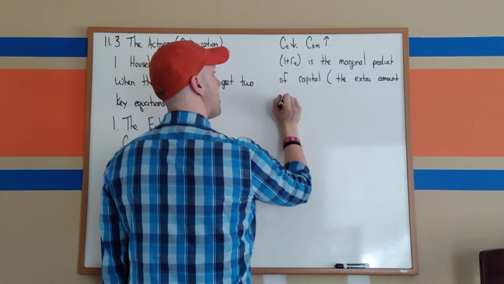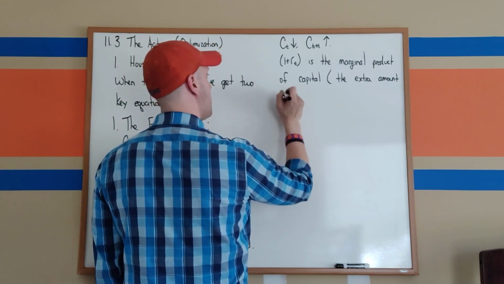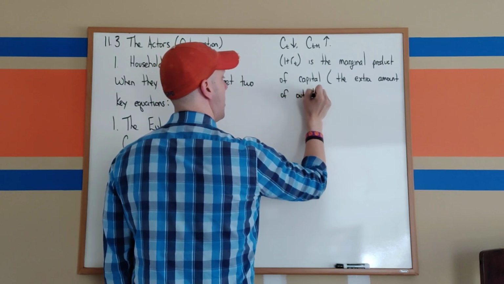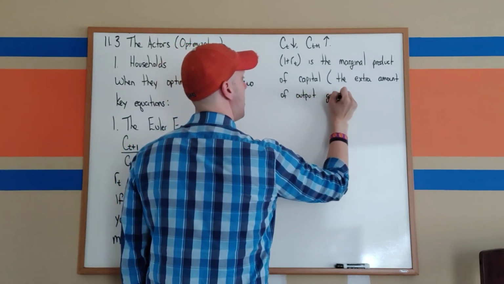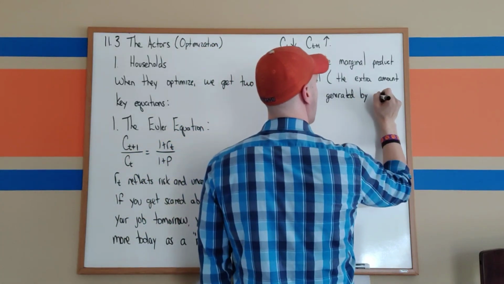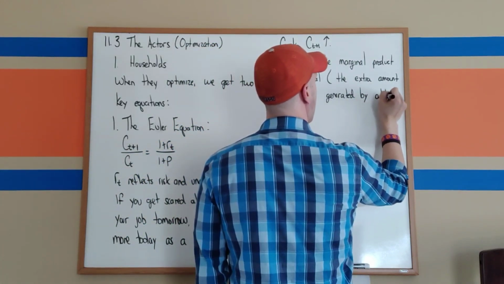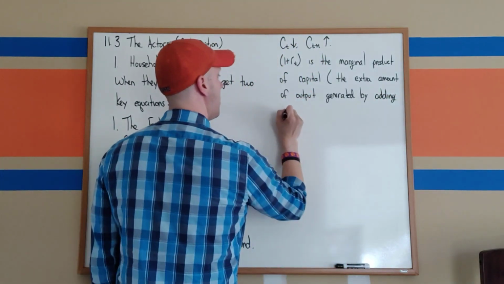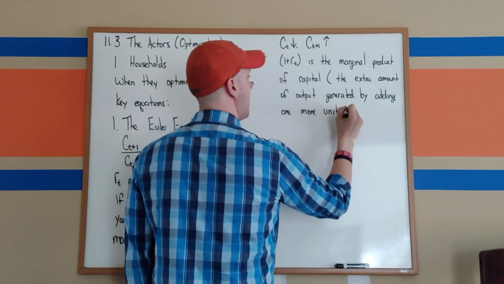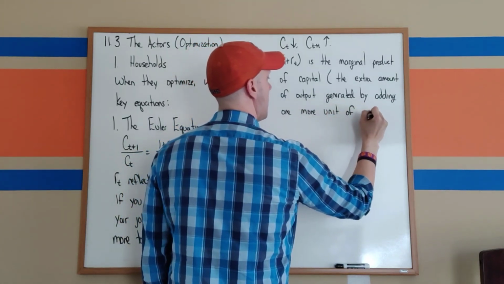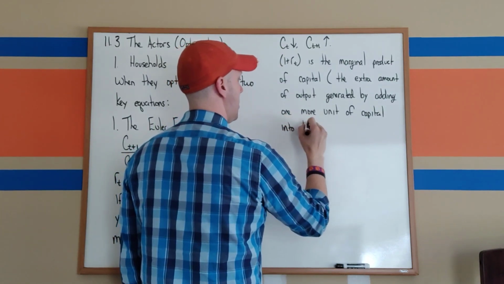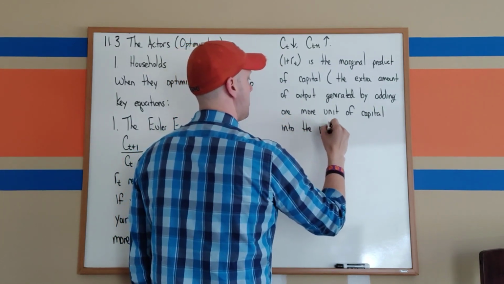This 1 plus the interest rate is equal to the marginal product of capital, which is the extra amount of output generated by adding one more unit of capital into the production function.